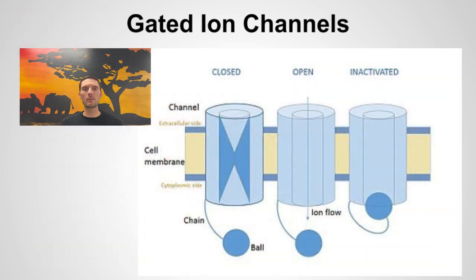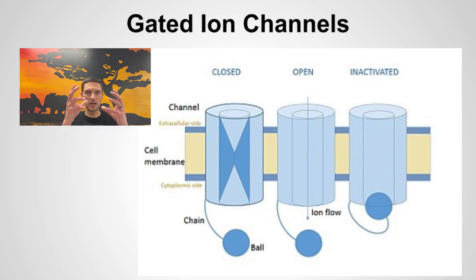A more detailed example is nerve impulses using voltage-gated sodium and potassium channels. Nerve impulses use rapid movements of sodium and potassium ions across the membrane. The channels are made of four subunits and a globular protein subunit.